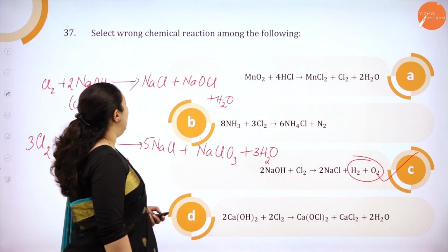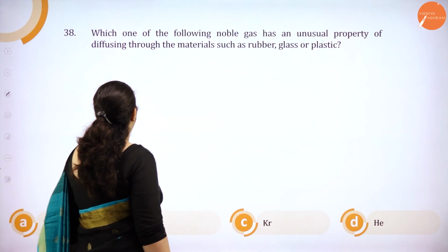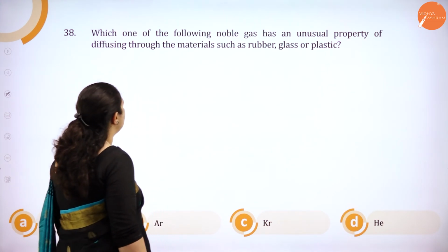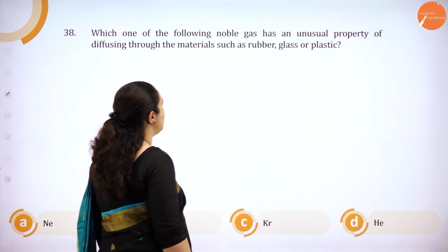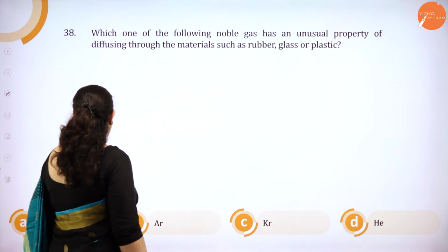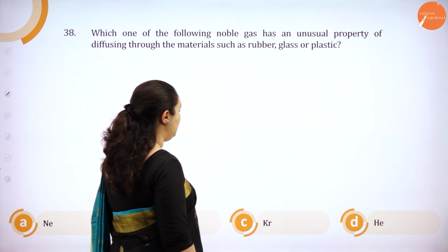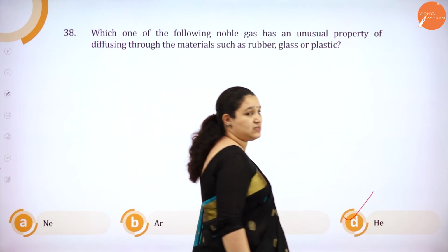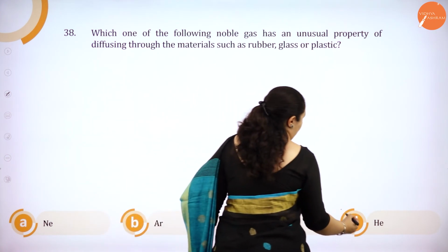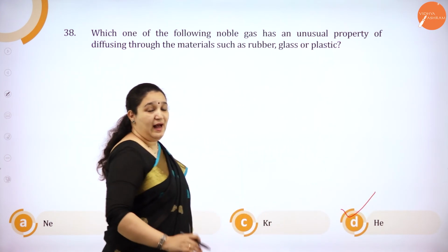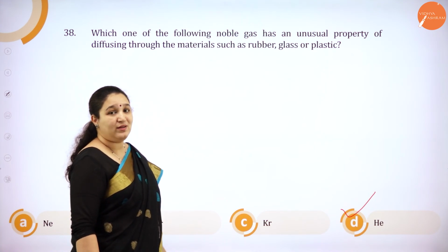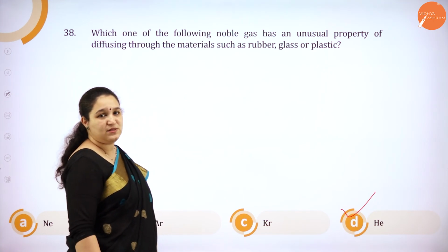Okay, next question. Which one of the following noble gas has an unusual property of diffusing through the material such as rubber, glass or plastic? Neon, argon, krypton, helium. Helium is the correct answer as it is the second lightest element, or the lightest among the noble gases.